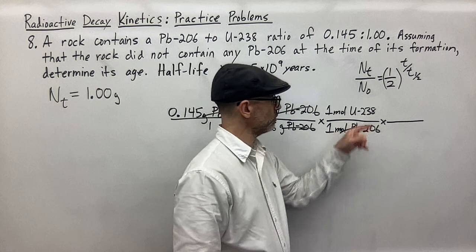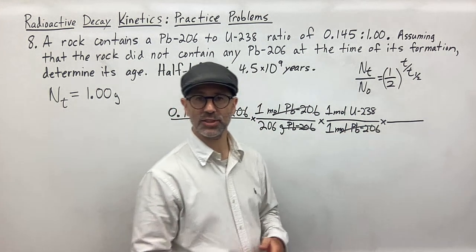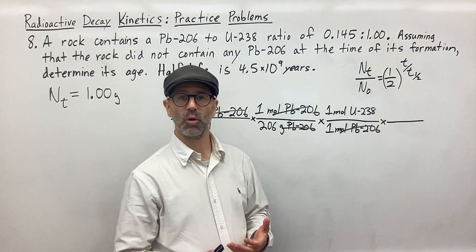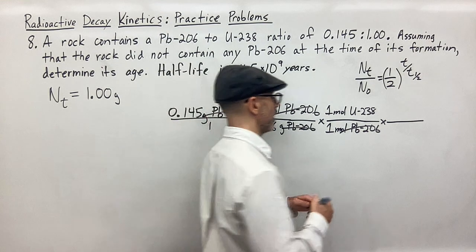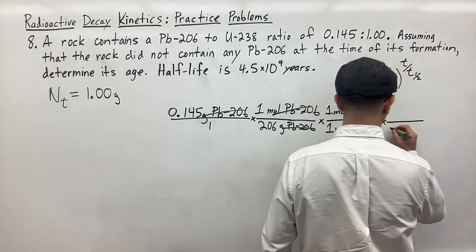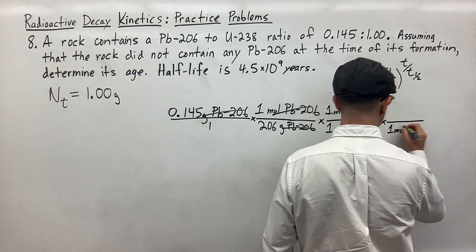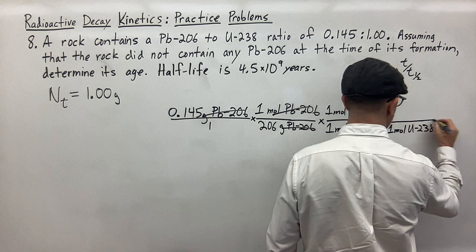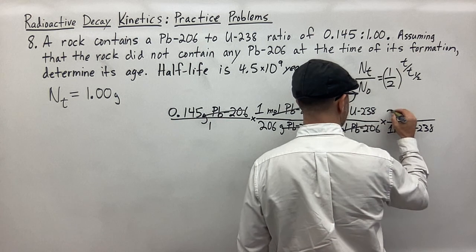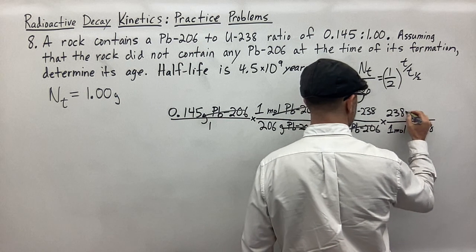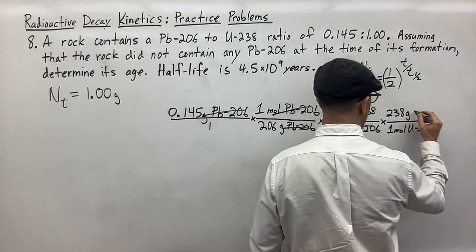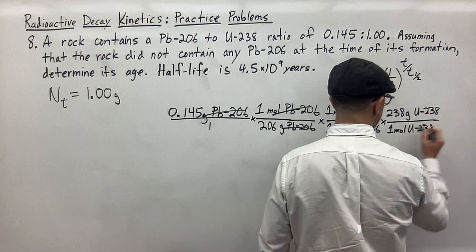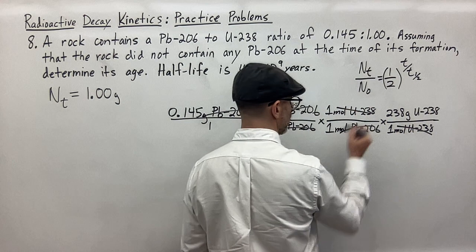Again, uranium-238 is a specific isotope. It has a mass of 238, so 1 mole of this is going to be 238 grams. So we put 1 mole of uranium-238 on the bottom and 238 grams of uranium-238 on top. So the moles of uranium-238 cancel out.